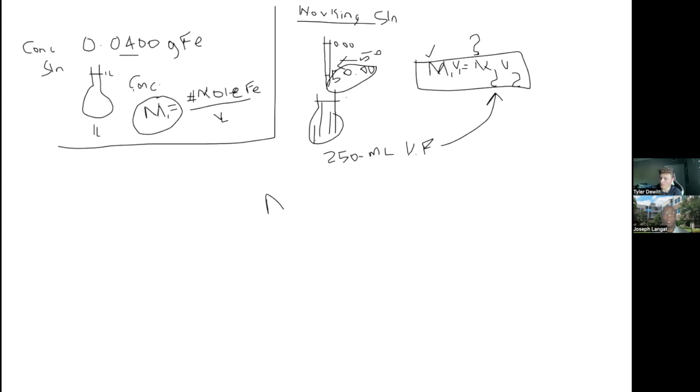So M2, which is what we are looking for, equals, as you said, M1, which you know now, times 50, because you used 50 ml of the solution here, over V2, which is 250, right?